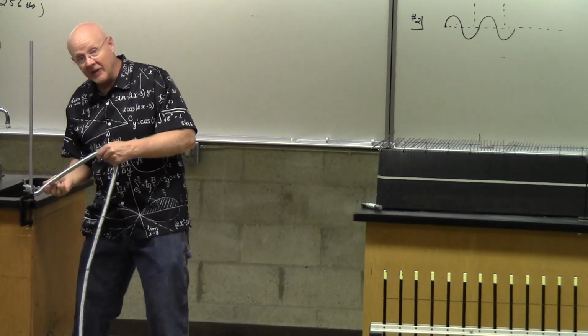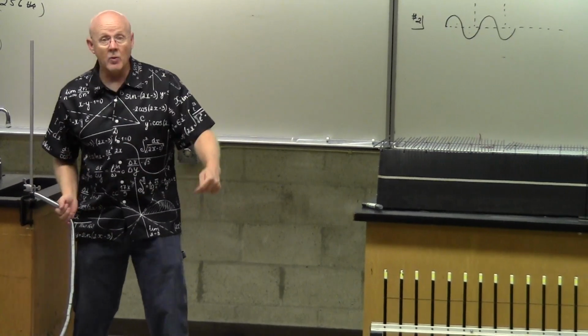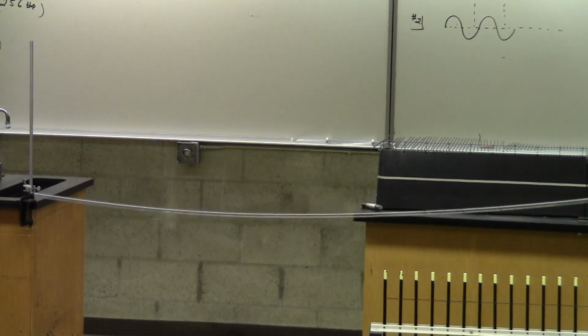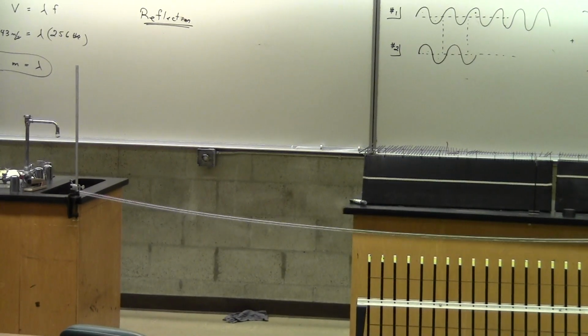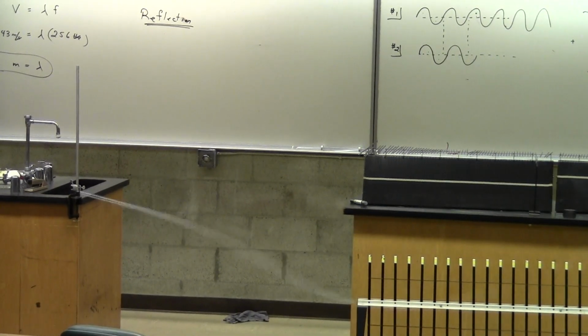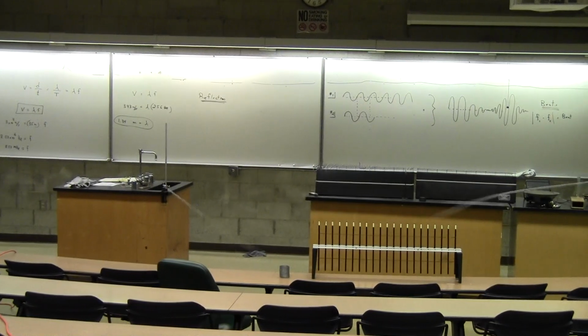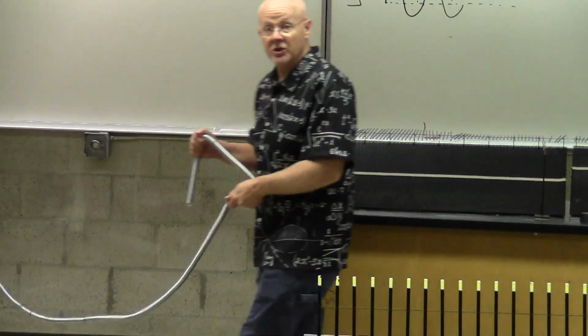So as this pulls back, this would be like this side going, hey, I'm going to pull down first, and that would make a downward pulse. And so you will see that my pulse, as it gets to that end, hits and inverts. I'll also point out, did you notice how I took advantage of superpositioning?